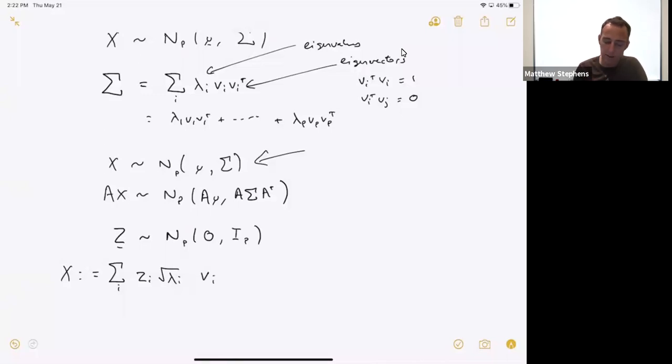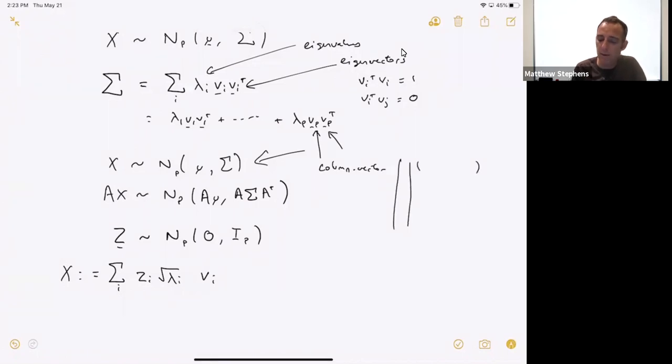Okay, so v's are column vectors here. Maybe I should have been clear about that earlier as well. These are all column vectors, and the transpose is a row vector. The v is a column vector of height p, and this is a row vector of length p.